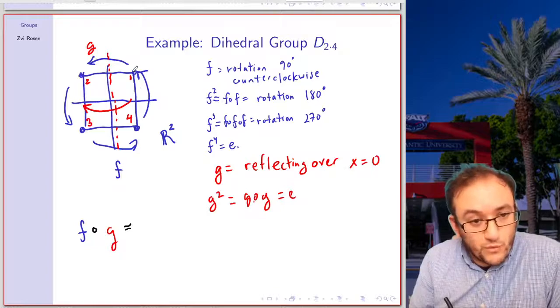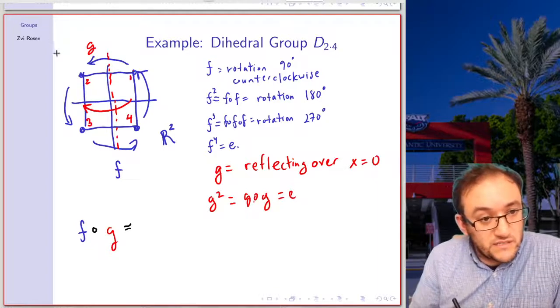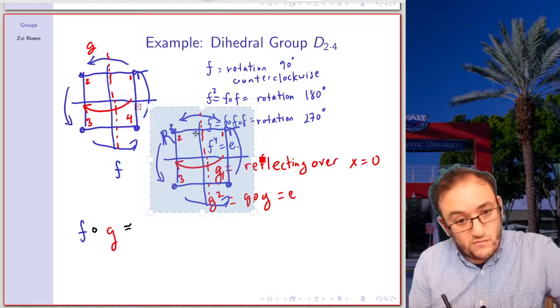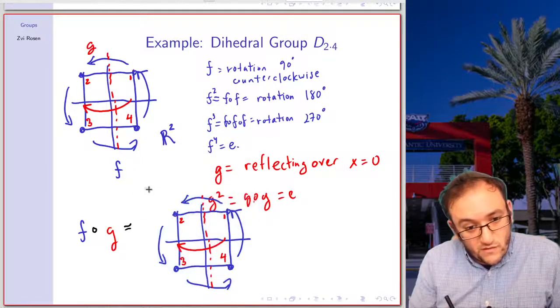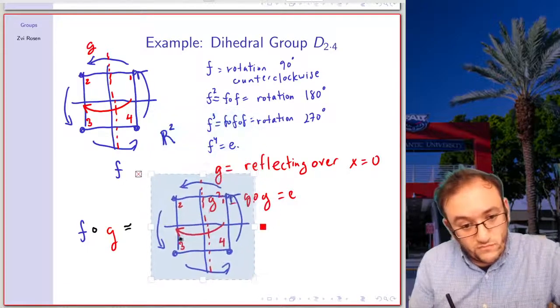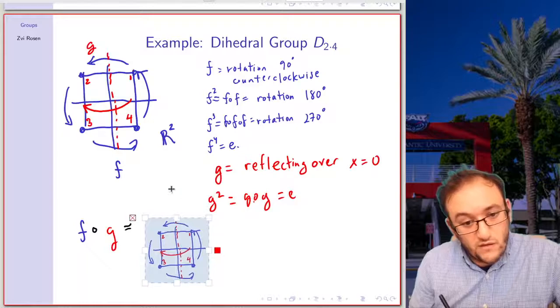Well, we're rotating it once, so let me make a copy of this so that it's easier to see. Make it a bit smaller. Okay.